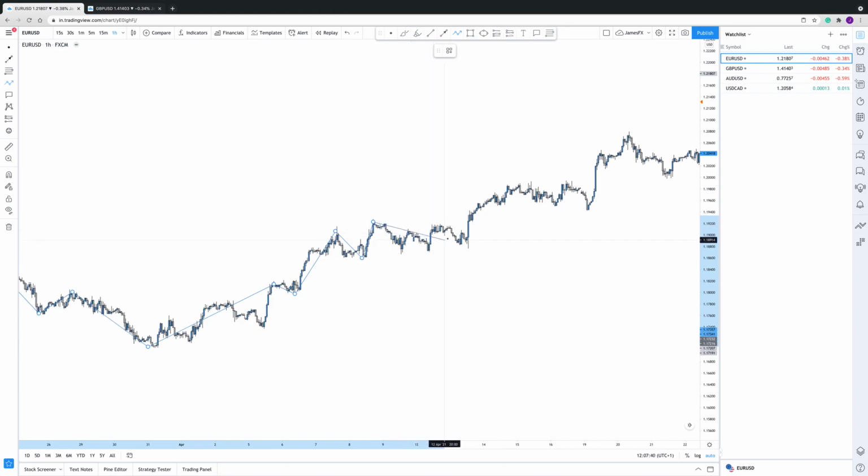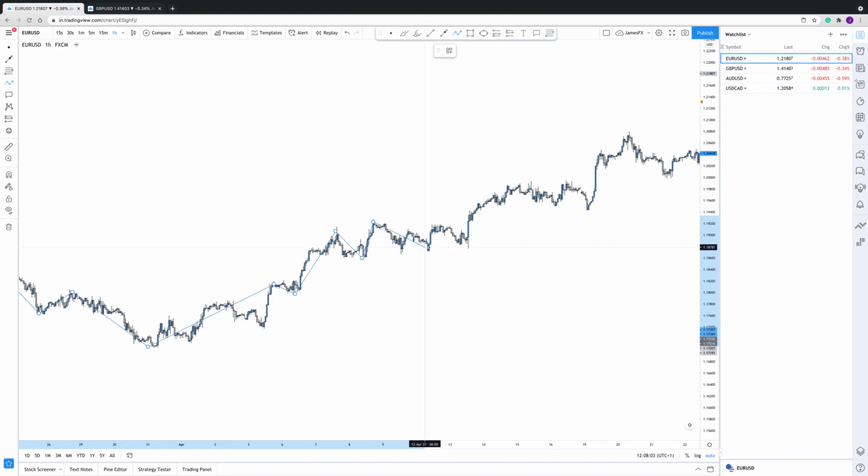Price then pulls back. We consolidate for a good few days here. We come up to test this high, but we don't break it until here. So where would we classify the higher low? Well, technically the lowest point is here, so we can mark this as our higher low.